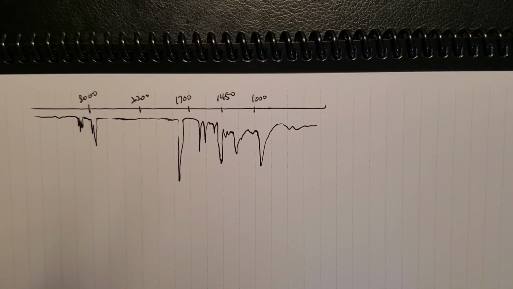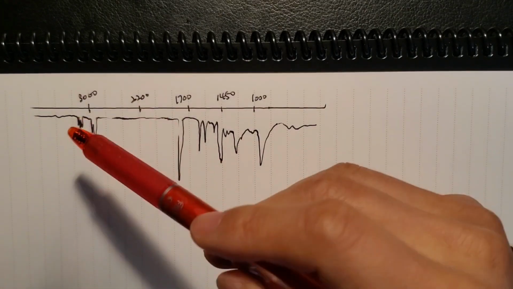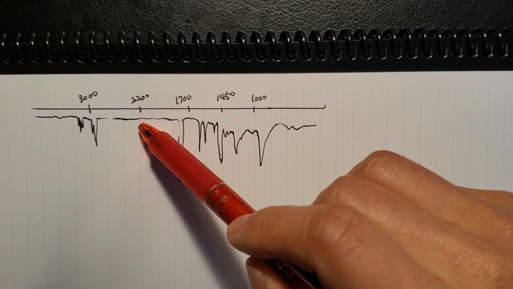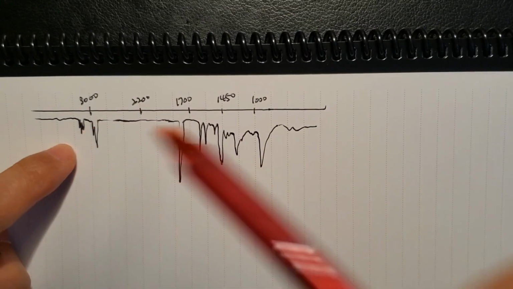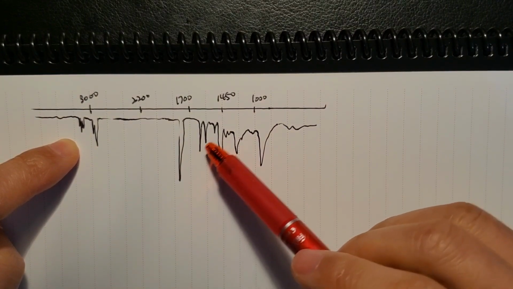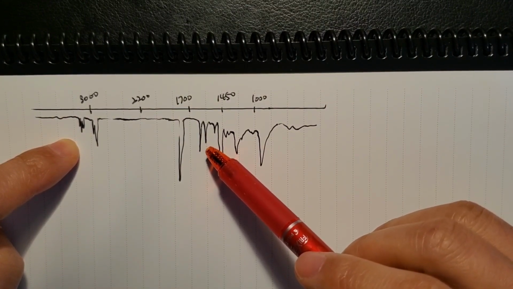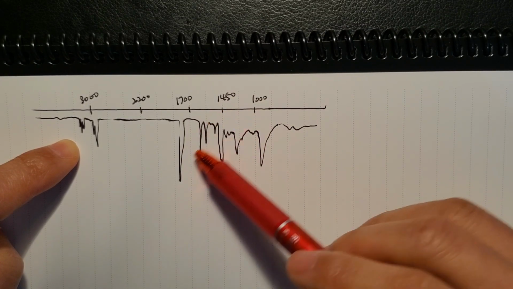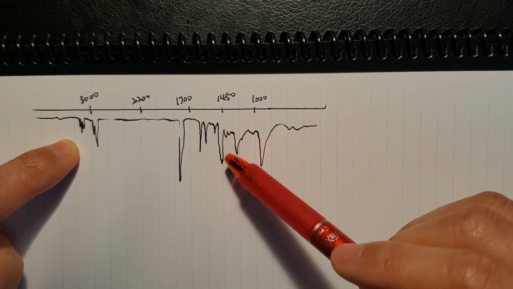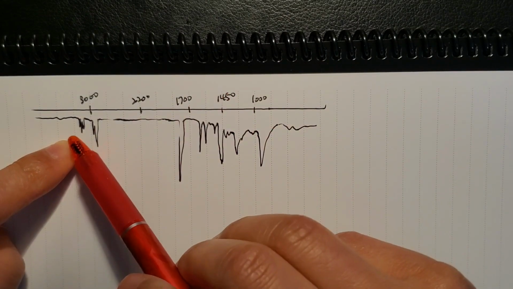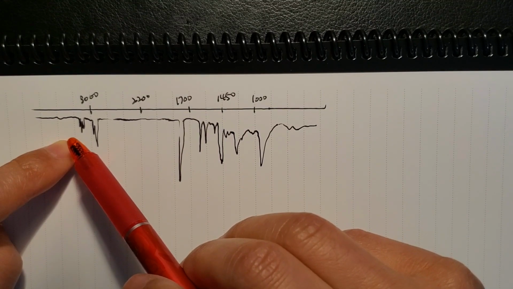All right, what do you have here? Some signal over 3000, no OH, no NH, no triple bond, so this must be alkene hydrogens. Then you see some of the alkene carbon double bonds over 1450, close to 1600, and it's safe to say you have alkene. However, you again have to double check whether you have just alkene or aromatic ring.